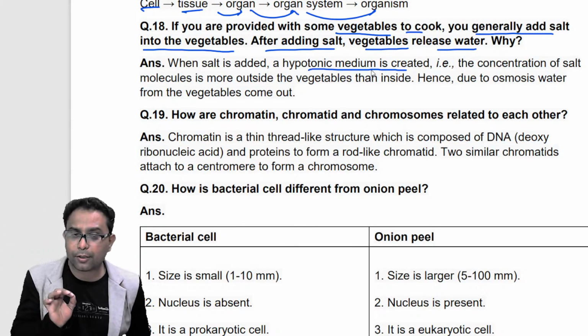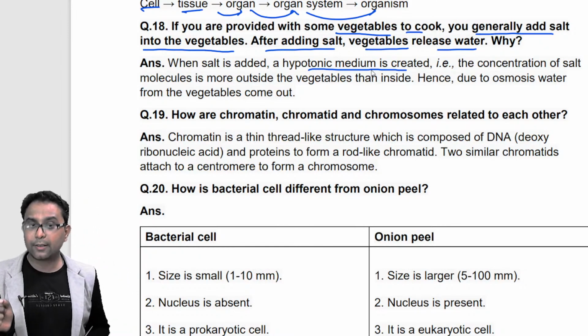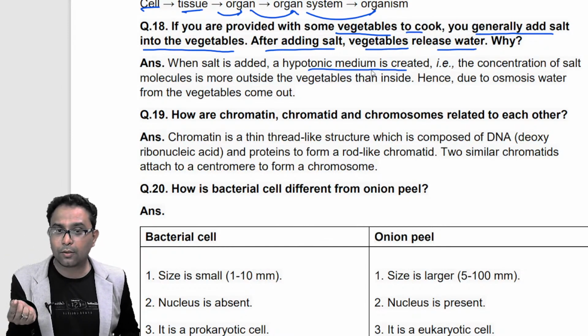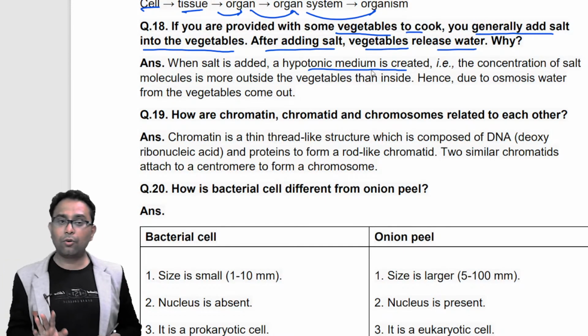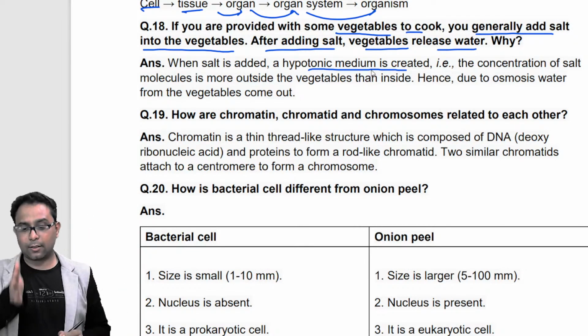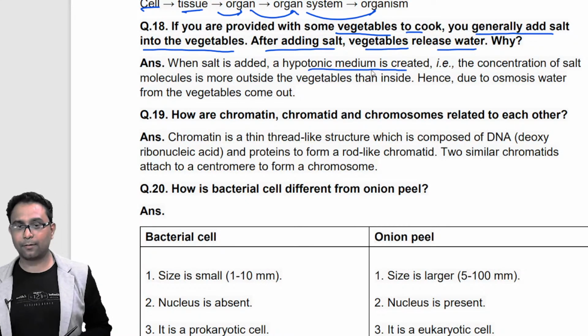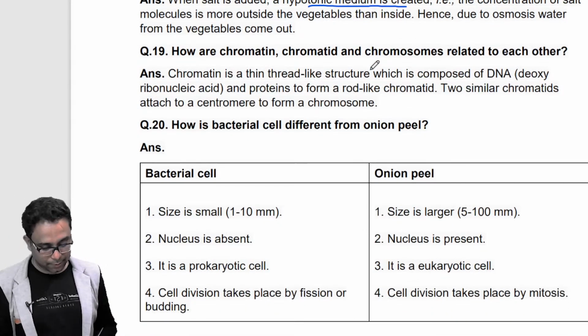This hypotonic condition means the concentration of the salt molecule, that is the solute, is more outside than inside the vegetables. So due to the osmosis of water from the vegetables, the water comes out, right? Now we go to question number 19.